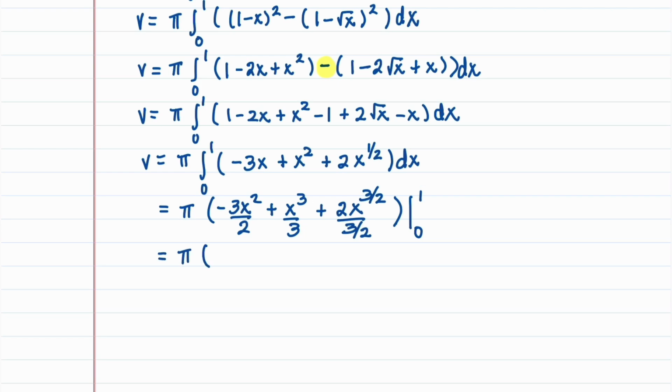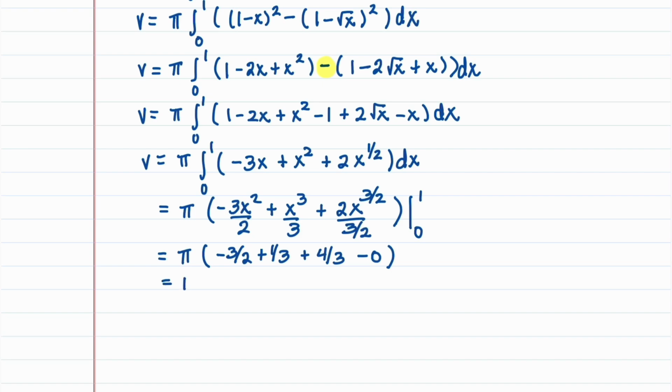Let's see what this gives us. If we substitute in that x is 1, we have a minus 3/2 plus 1/3. 2 divided by 3/2 is 4/3, so we have a plus 4/3, and then we let x be equal to 0, and that, of course, is 0.